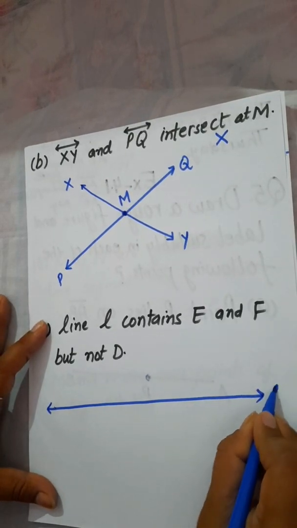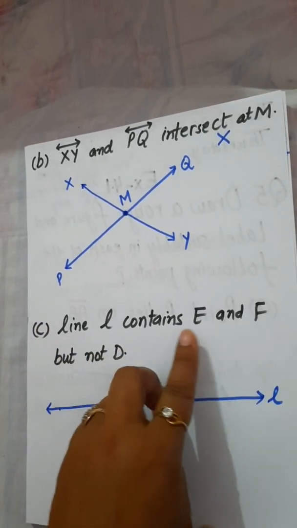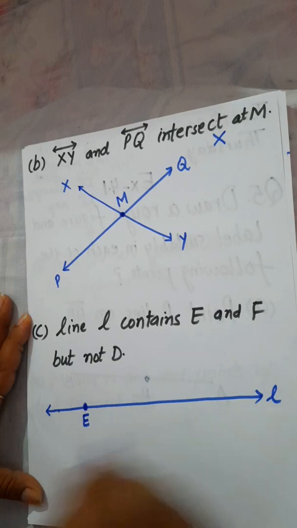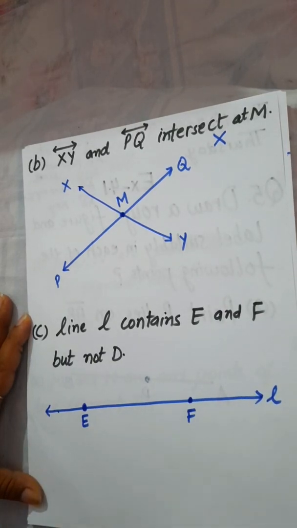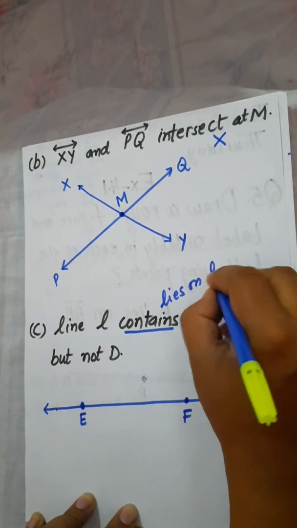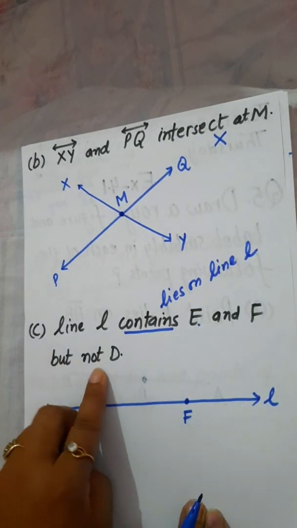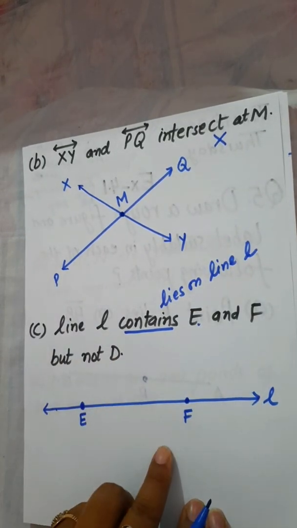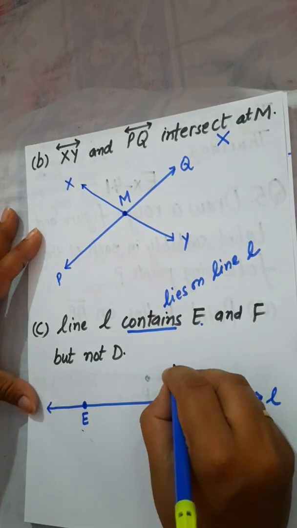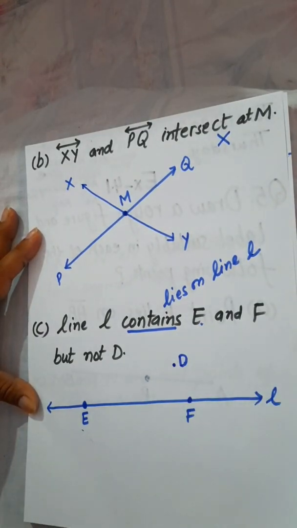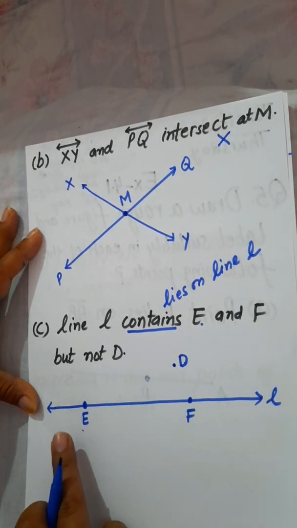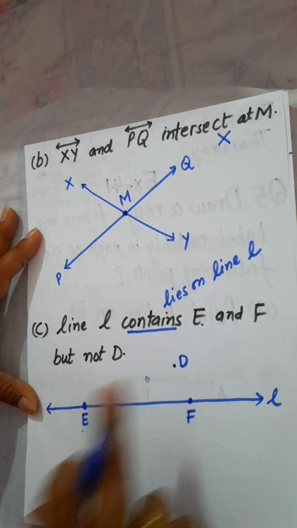So this represents a line, as we have line L contains E and F. Contains E means E lies on L and F lies on L. This means E and F lie on line L but not D. This point D is not on L, so you don't plot point D on L. You have to draw it elsewhere, so plot a point over here, not on line L. So this is the line L which contains E and F but not D.